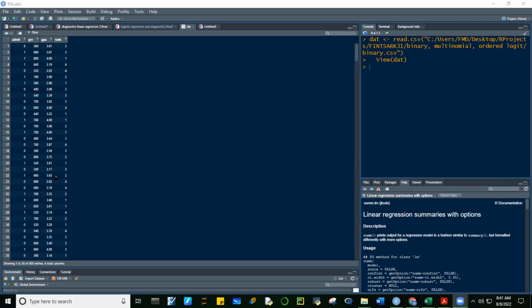GPA, parang Lasal system, 4 yung highest. Okay, and then yung rank ng school, ng high school. So what they did was to rank the high schools into 1, 2, 3, 4, 1 being the highest and the 4 being the lowest. Okay. So the objective here is to come up with a model that will, given the GRE, GPA, and the rank, predict if the student will be accepted or not.